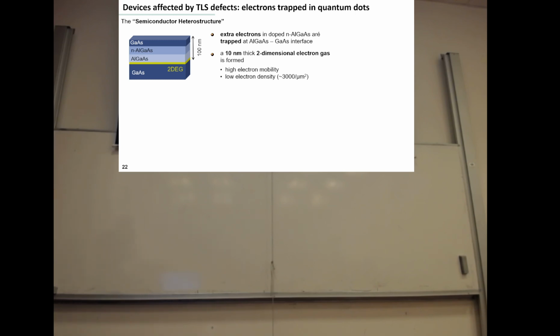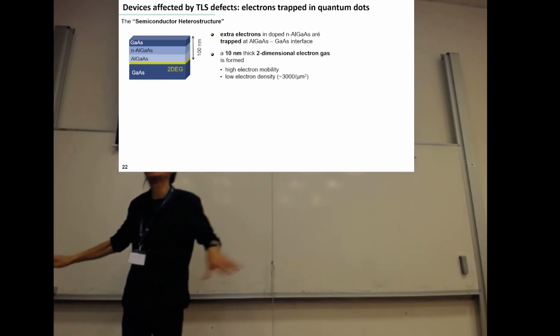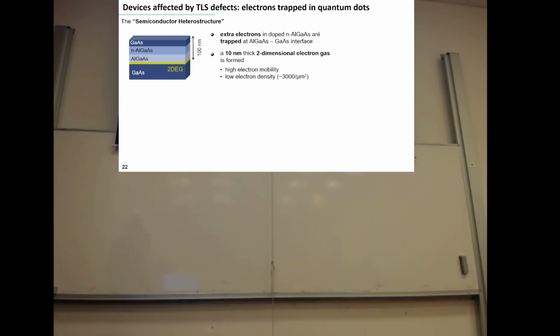Now you can dope this upper layer, and these electrons will diffuse to this interface layer between the two semiconductors, simply because here the potential energy of these electrons is at a minimum, so they like to stay there. And this is just an interface, a very flat thing, which allows you to generate a 2-dimensional electron gas at this semiconductor interface. You do not have so many electrons here, depending on your doping of course, but the electrons can move very easily.